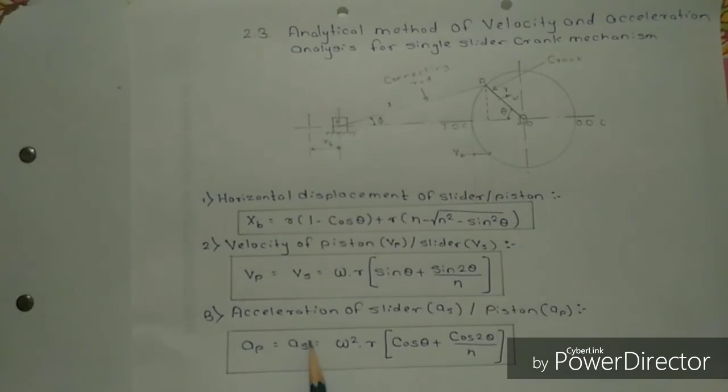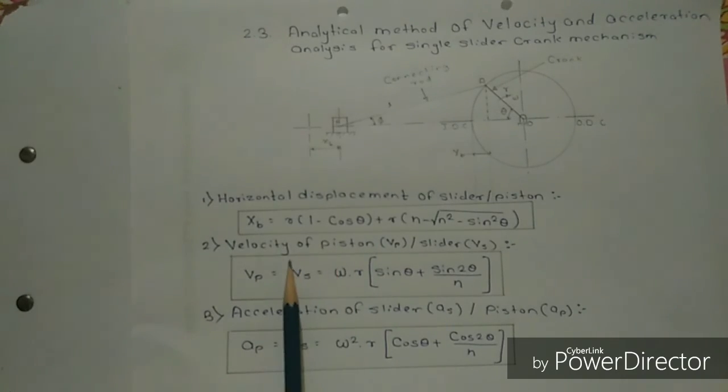Then third, acceleration of slider AS or piston AP. This equation can be obtained by differentiating the above equation with respect to time. Similarly, where there is a displacement, then velocity, then acceleration.